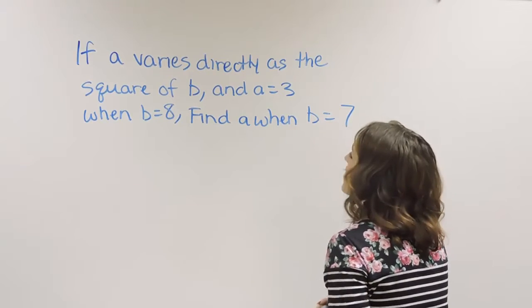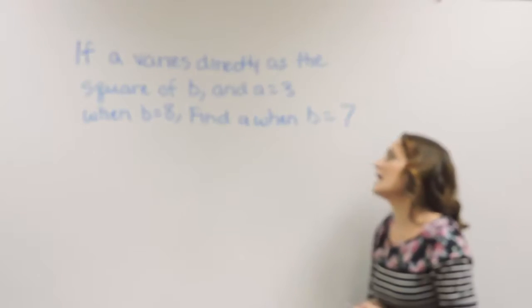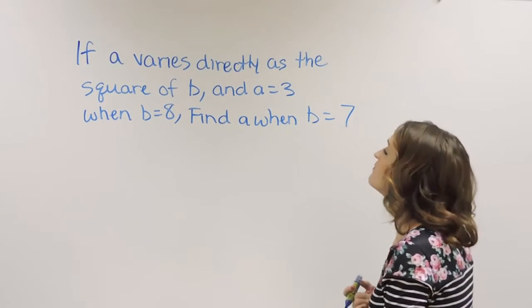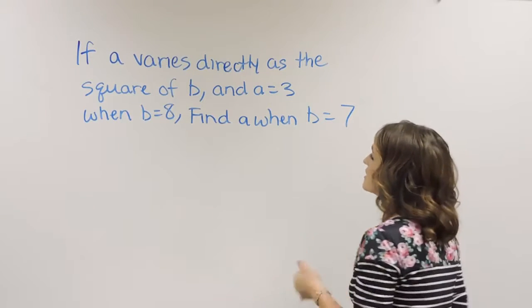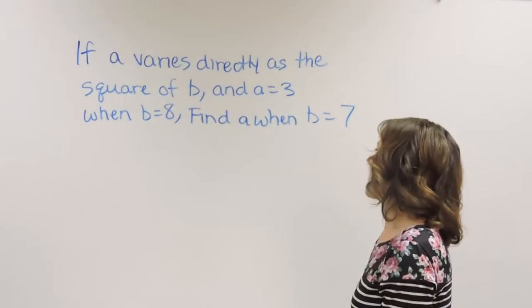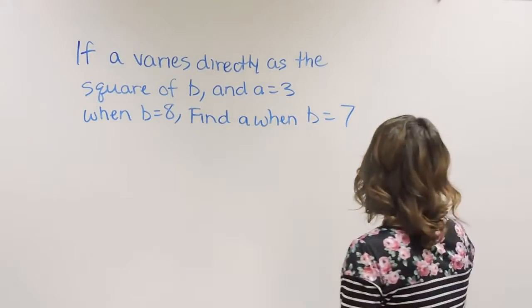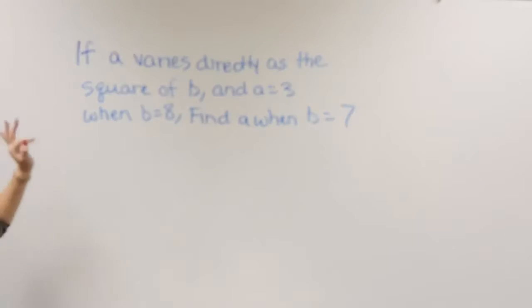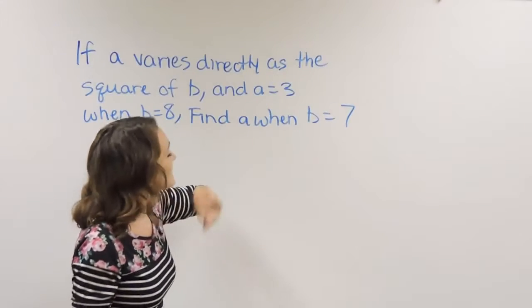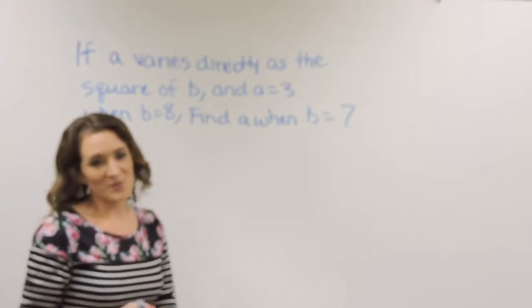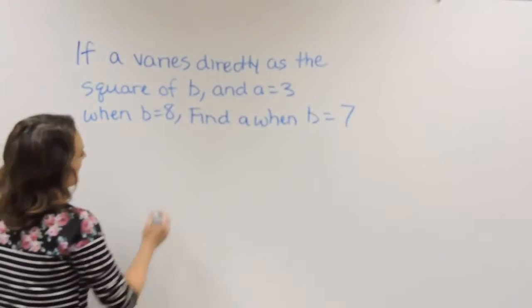So reading through this problem here, if A varies directly as the square of B, and A is equal to 3 when B is 8, let's find A when B is equal to 7 here. So this one here, we're talking about A varies directly as the square of B. So let me show you the formula that we're going to be dealing with when it comes to this kind of problem.